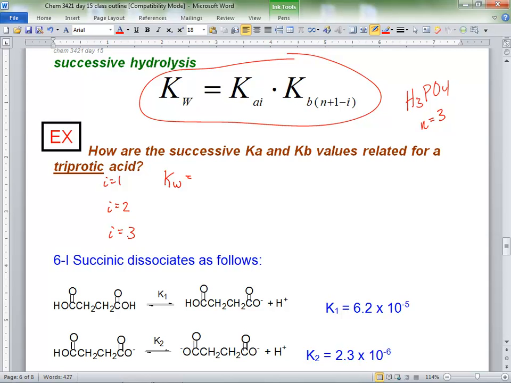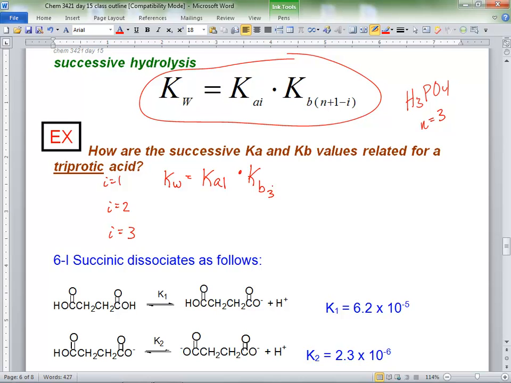So when i equals 1, my Kw will be Ka1 times Kb, 3 plus 1 minus 1, which is 3.